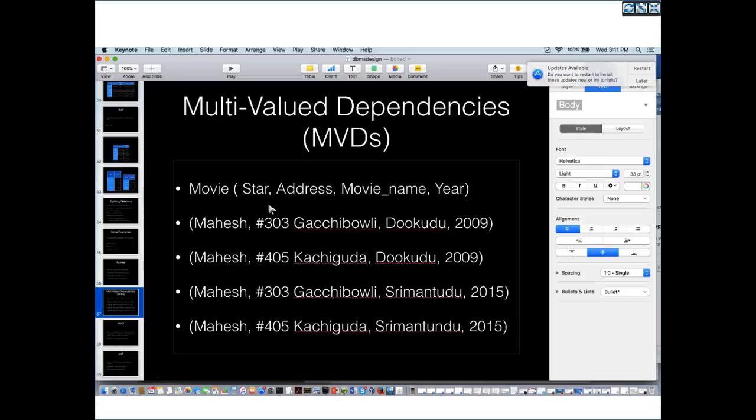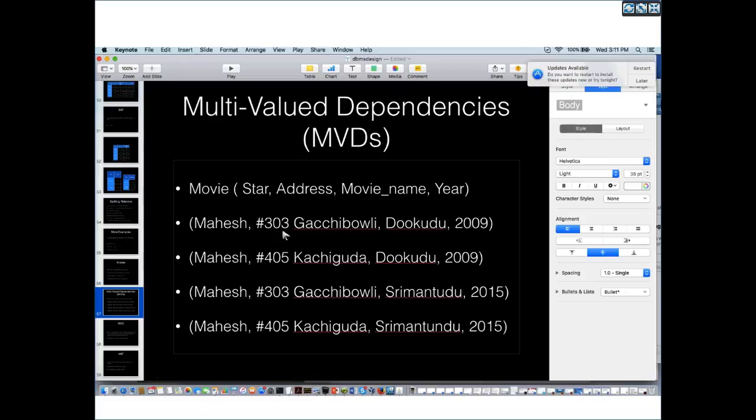You can see a multi-value dependency is the general case of a functional dependency, when we limit the value to one. So far we have examined relations with only functional dependencies. We need to examine the case where there is a multi-value dependency.